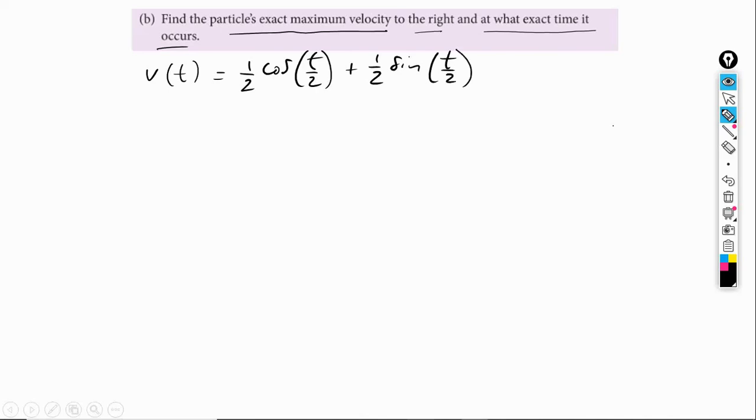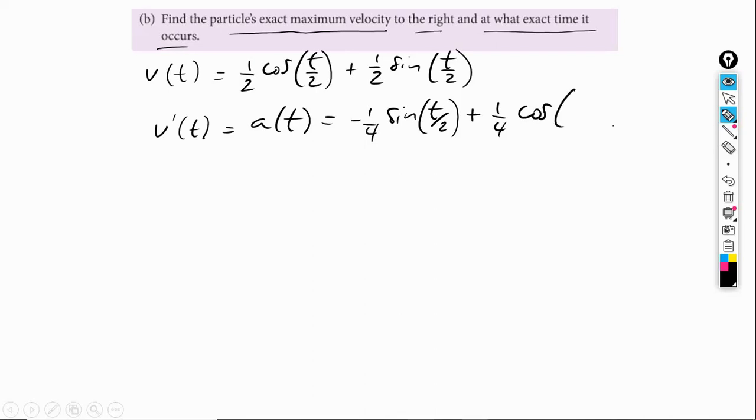And if we want to find the maximum or the minimum of the velocity function, we need the derivative. So the derivative of the velocity function, which is the same as the acceleration function, will in this case be equal to -1/4 sine of t halves plus 1/4 cosine of t halves.